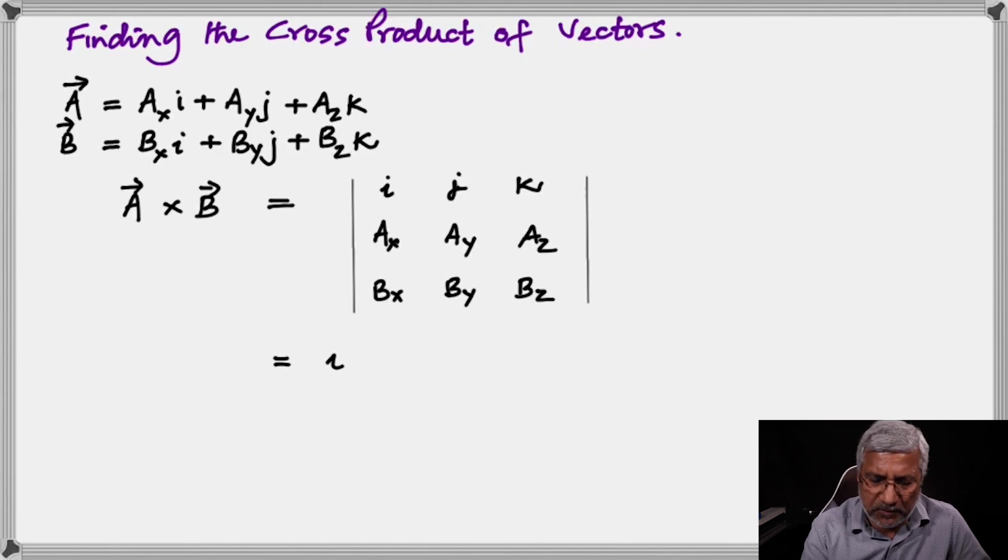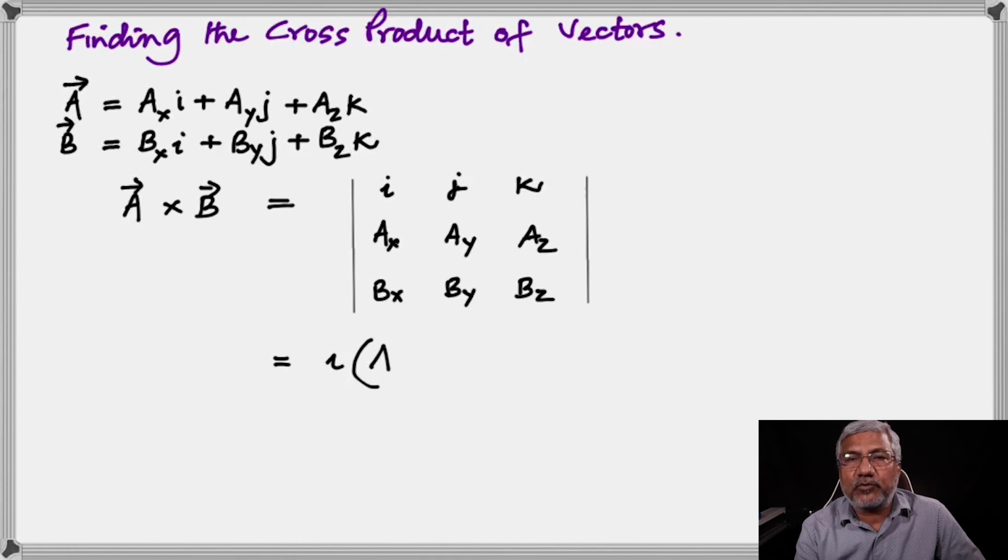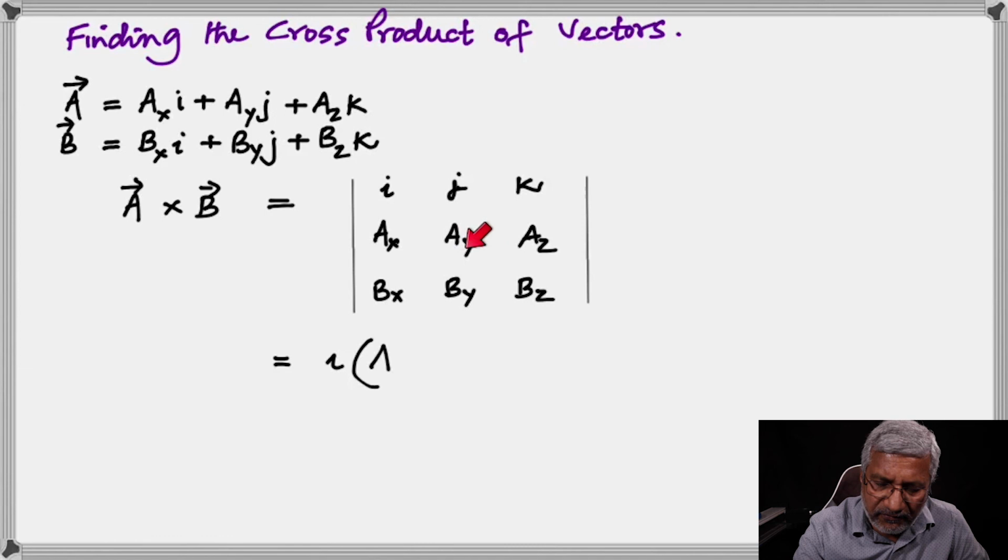To find the cross product, you put I, and then do not look at what's under I. So block it off. Look at what the coefficients are under J and K. What do you have under J and K? You have AY, AZ, BY, BZ. So you're not going to look at these two. You're just looking at these four.